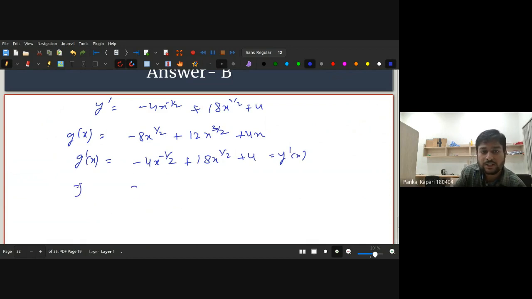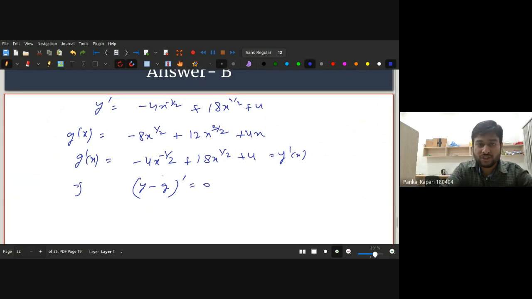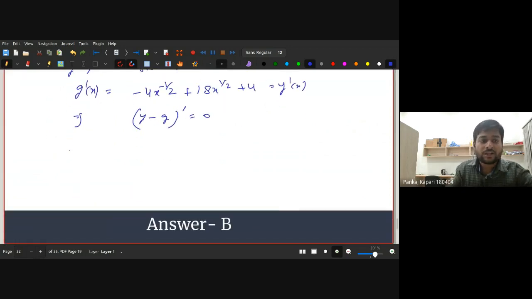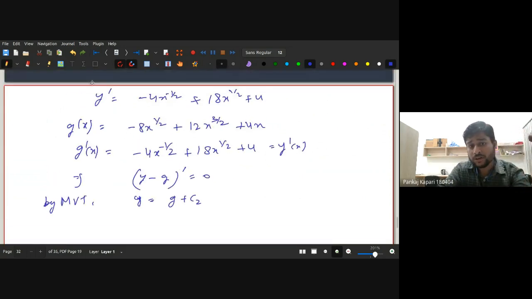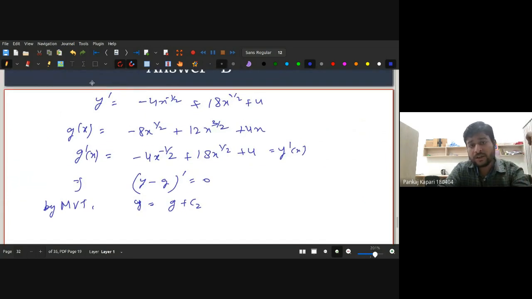So this implies that if you take the difference, this time let's take the difference y minus g, and differentiate this, then you will get 0, because the derivatives are equal. So again, by mean value theorem, y must be g plus some constant c2, and we will find out what this constant can be.